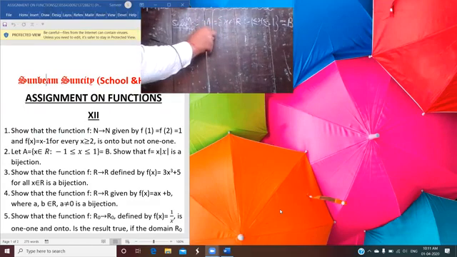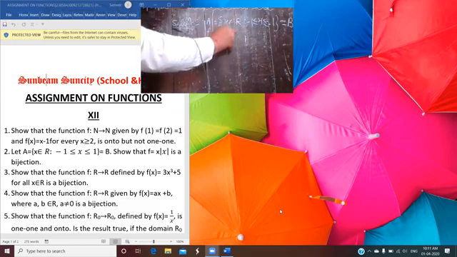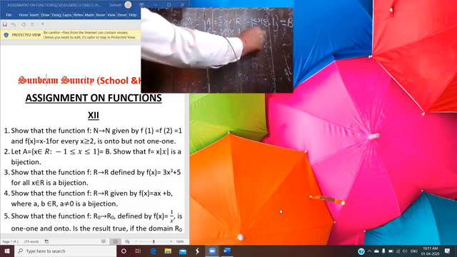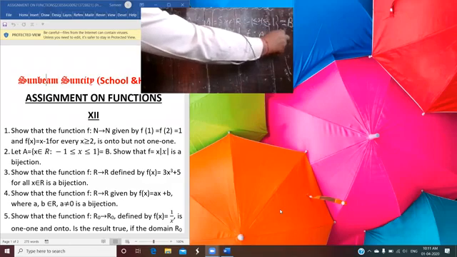And the function is defined as f(x) is equal to x mod x. Function is x into mod x, and function is from A to B. Here it is given f is such that A to B.